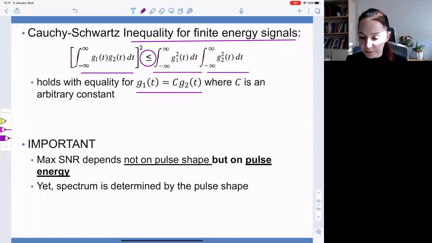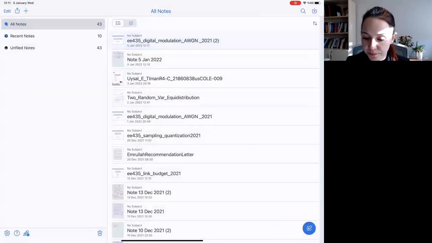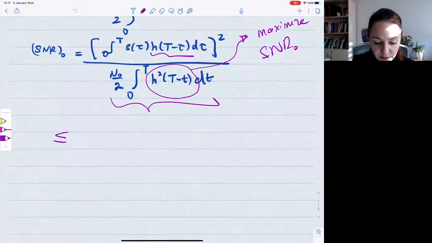We can use this to upper bound our SNR out as well.